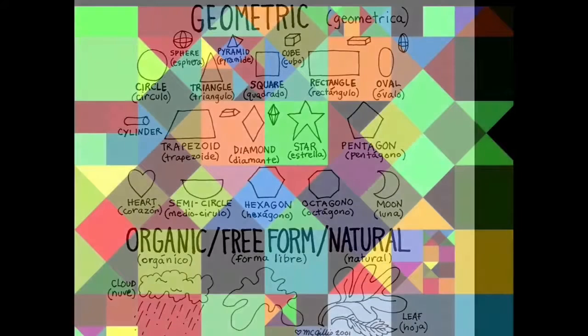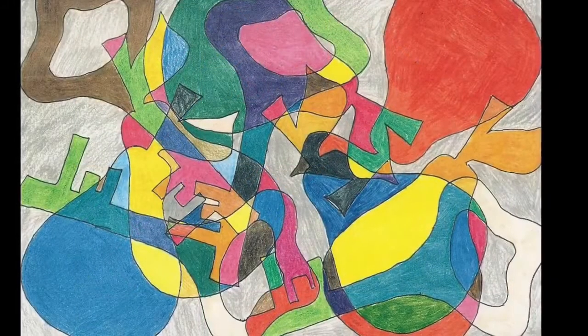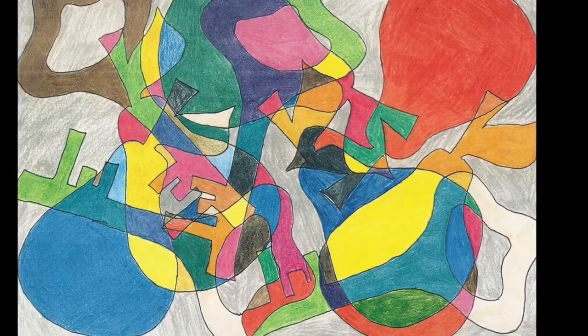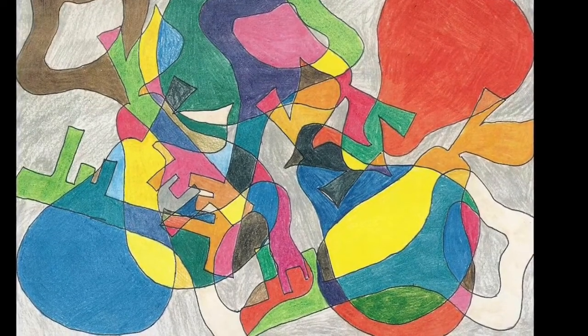There are two types of shapes: geometric, which are the most recognizable shapes, like squares, triangles, rectangles, hexagons, and pentagons. And there are organic shapes, also called free-form shapes, that take on any kind of shape imaginable.